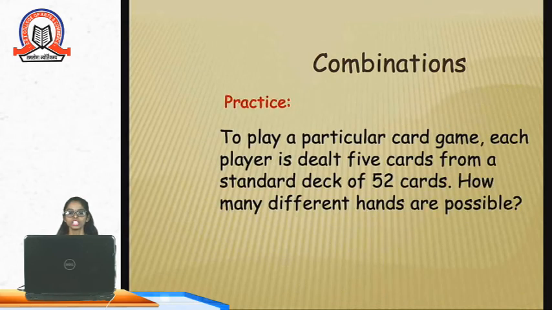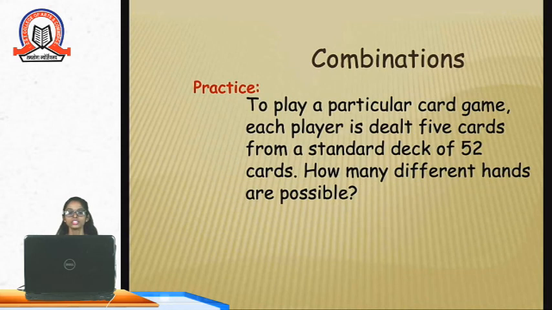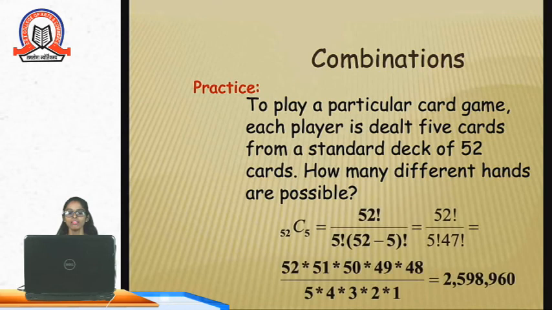One practice question for combination. Suppose to play a particular card game, each player is dealt 5 cards from a standard deck of 52 cards. Then how many different hands are possible? Now in this example, my n value is 52 because total cards are 52. And out of 52, we select only 5 cards. Then using the combination, my n value is 52, C, r value means chosen r at a time.